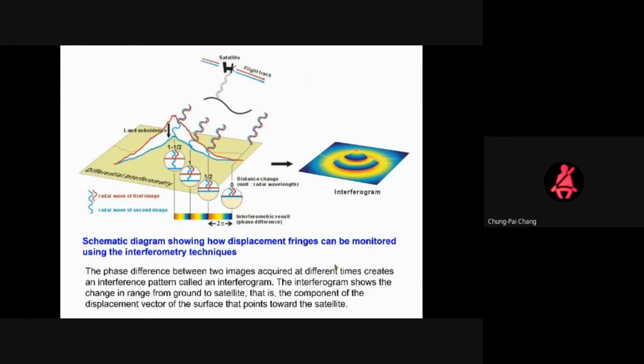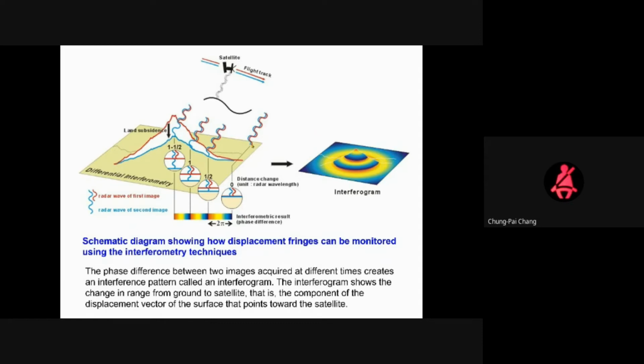Okay, so let me use this cartoon to explain this technique again. This is also from Mount Etna. It's 1993 after an eruption, and the volcano is like this one, the red one. It's a little higher, and the satellite passed this area and took one first radar image.